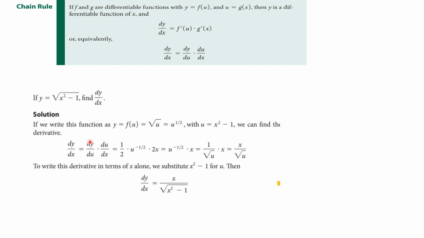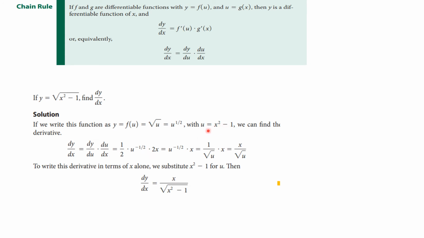First we see dy/du. If y is equal to u to the power half, then the derivative dy/du will be half times u to the power minus half, because 1 minus half becomes minus half, then times the derivative of u, where u is equal to x² − 1.